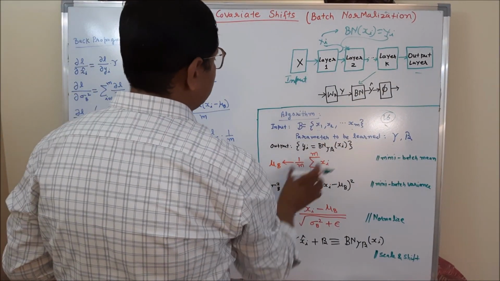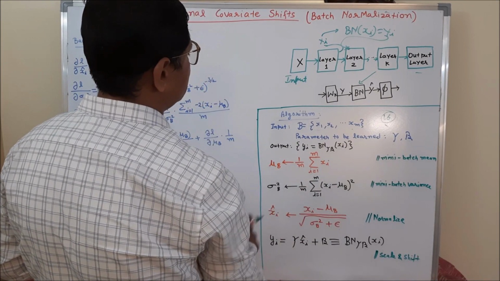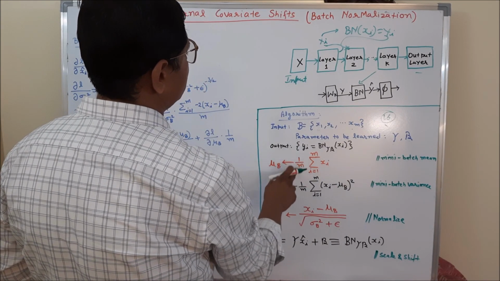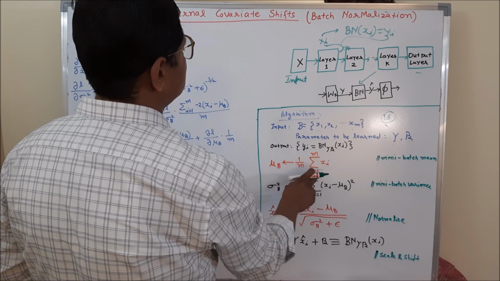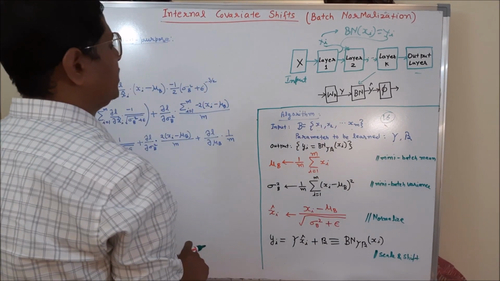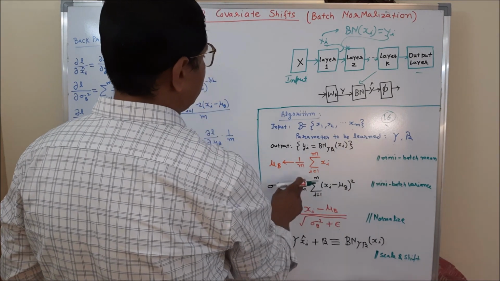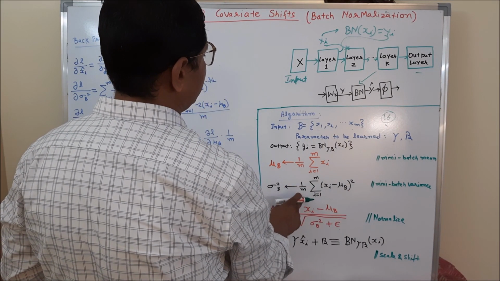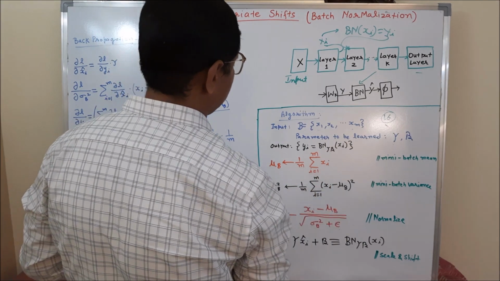Now to calculate this, first we calculate the mini batch mean: 1 divided by the batch size m, times the summation from i equal to 1 to m of xi, where xi is the data of the mini batch. Then we calculate the variance in the same way: 1 by m, summation i equal to 1 to m of xi minus mu b, whole square.